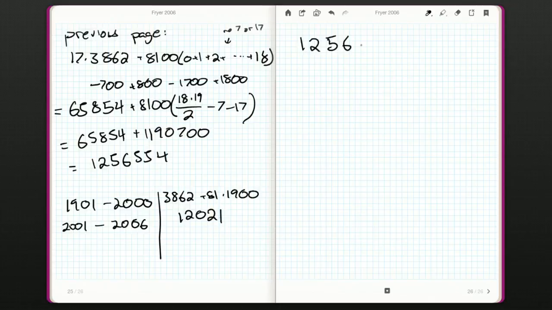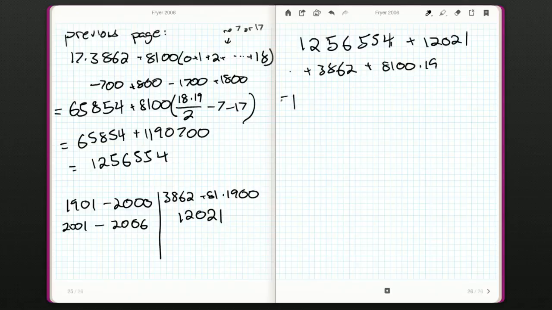So 1,256,554 plus 12,021 plus 3862 plus 8100 times 19. Just rearranging that. 8100 times 19, that's going to be 15... Oh, geez, that's a big number.